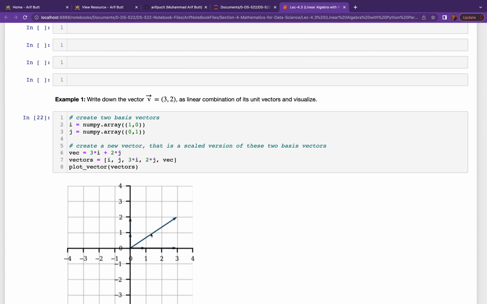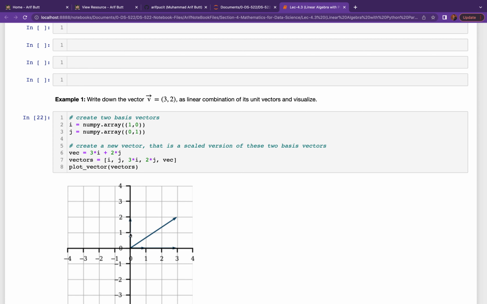Okay, so great. This is the vector 3, 2. So the x component of this vector is i hat, and this j hat over here, this up till here.